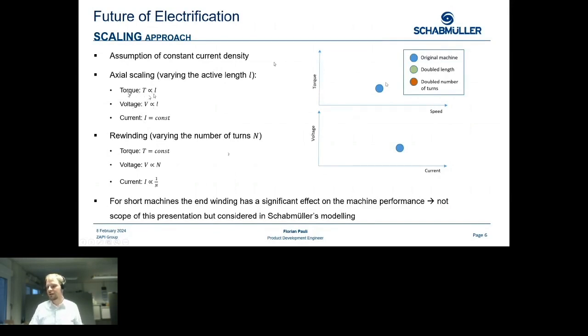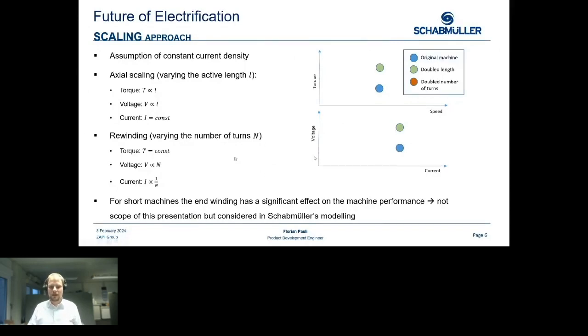So if we take a look at the torque speed map, we see that we will double the torque when doubling the length. But if we take a look at the current voltage map, we will see that we need the same current, but twice the voltage to reach this operation point.